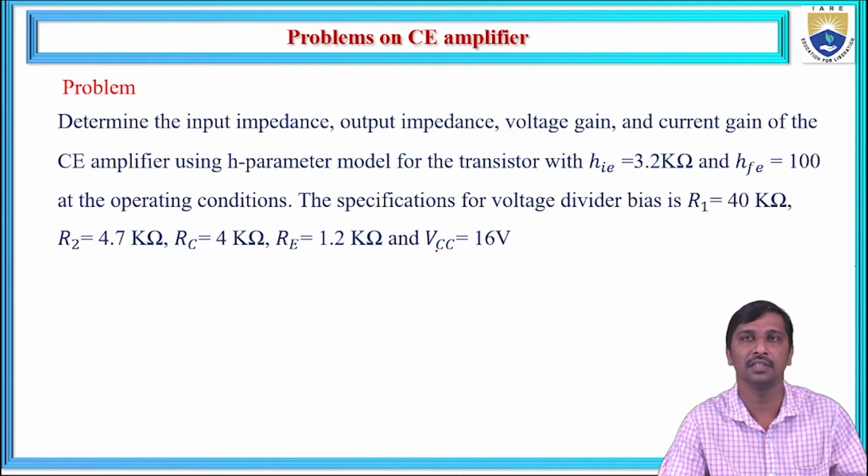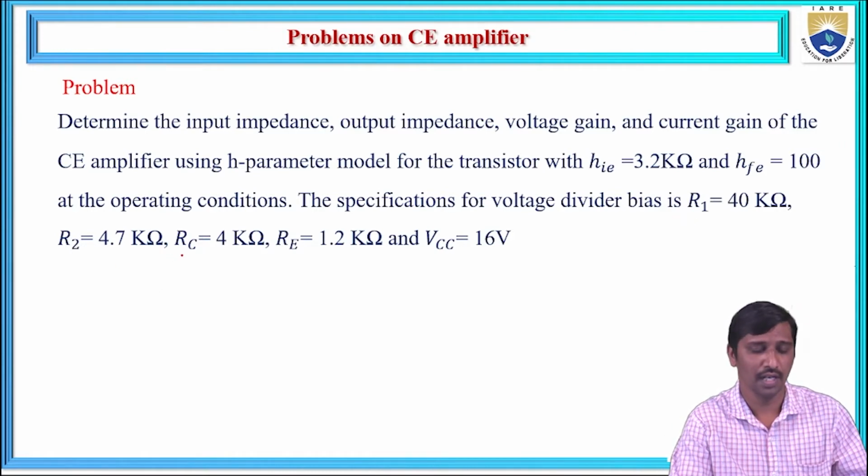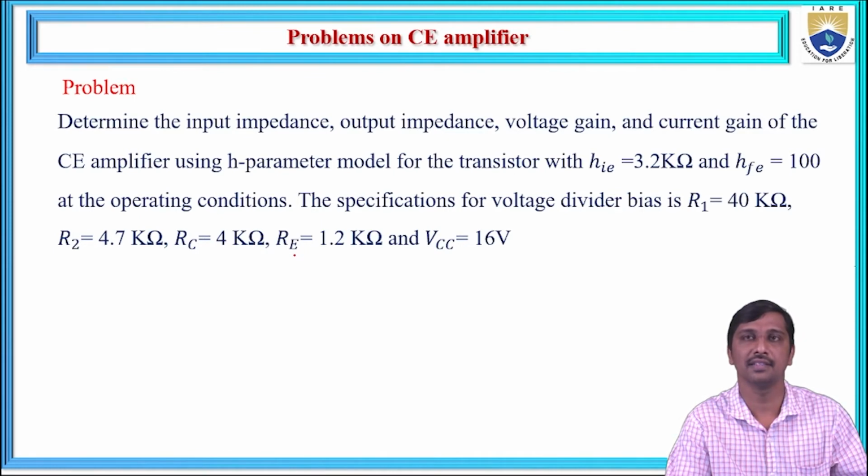And we know that in a voltage divider bias network, at the base side, it contains two resistances, represented as R1 and R2. At the collector side, the collector resistance is 4 kilo ohms. And at the emitter, the resistance is RE, that is 1.2 kilo ohms. And it requires a biasing voltage, which is 16 volts.